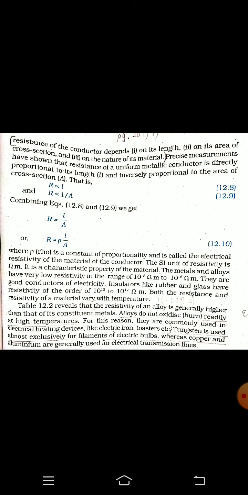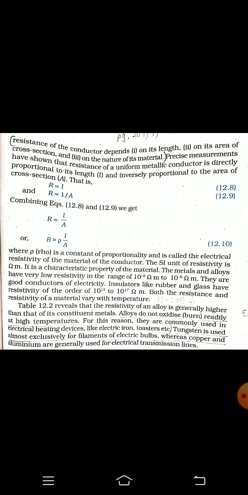So that is called the area of cross section. The area of that circle is known as the area of cross section. What is cross section? When we cut anything directly, we can see the ends of it, which will be seen as circles.